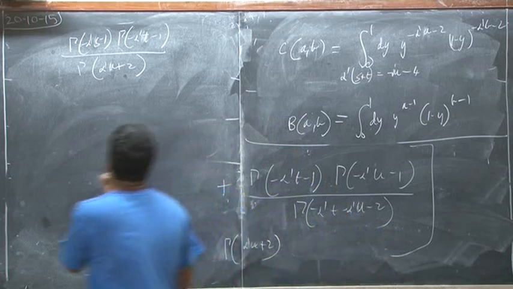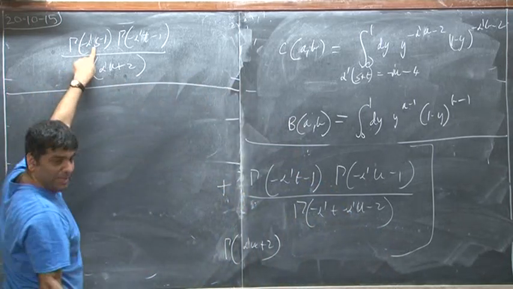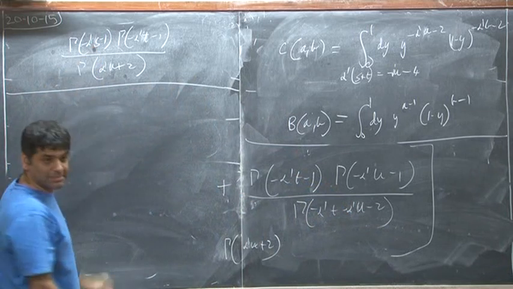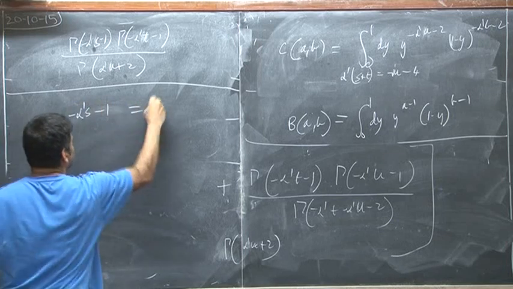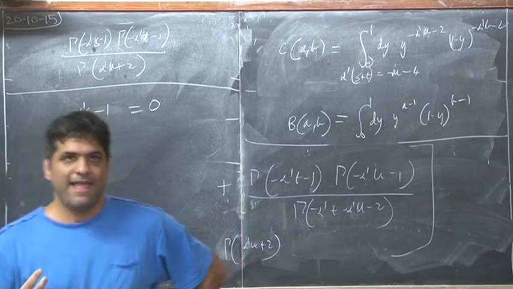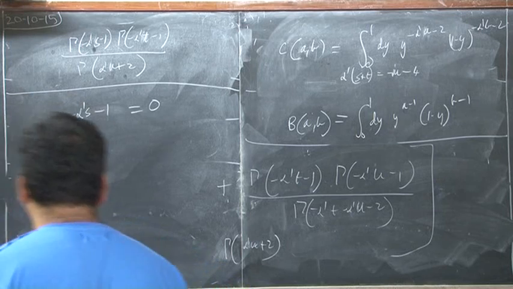Suppose we look here, and we ask, where do we start getting poles? So minus alpha prime S minus 1 equal to 0 is the first location of a pole for a gamma function.